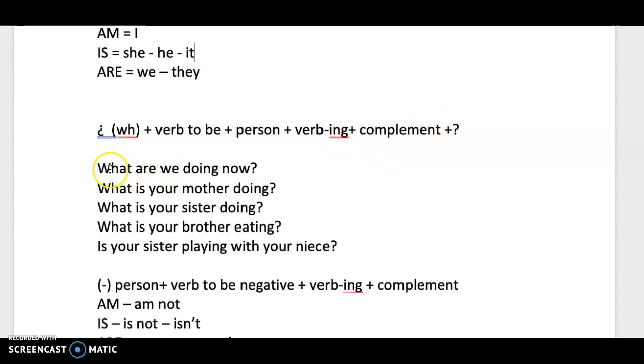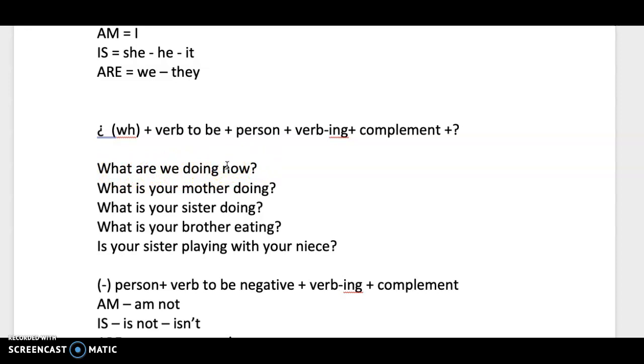For example, WH question, verb to be are, we, doing, with ing, now. ¿Qué estás haciendo ahora? Okay?